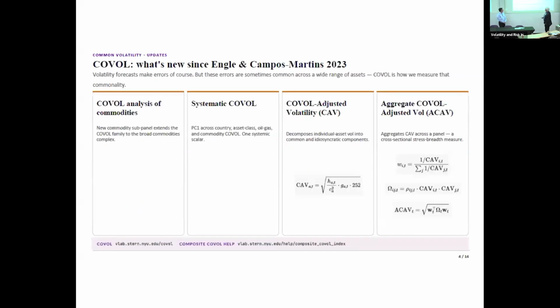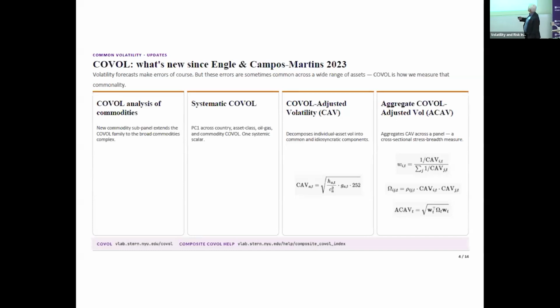So maybe I should tell you at least a little bit about one of the new features in here, because we're going to use it, which is we have a model called COVOL, and it stands for common volatility.